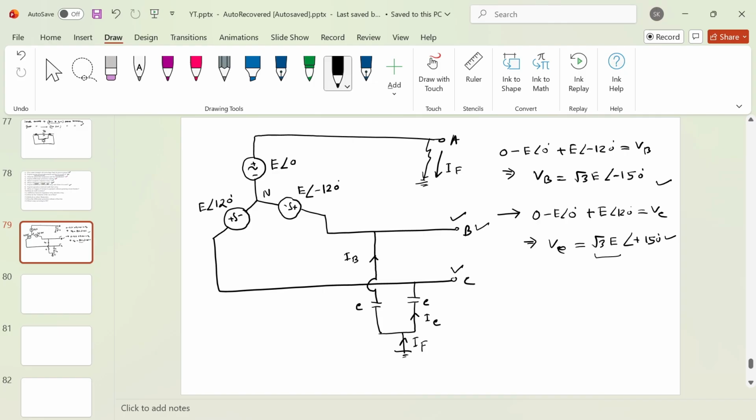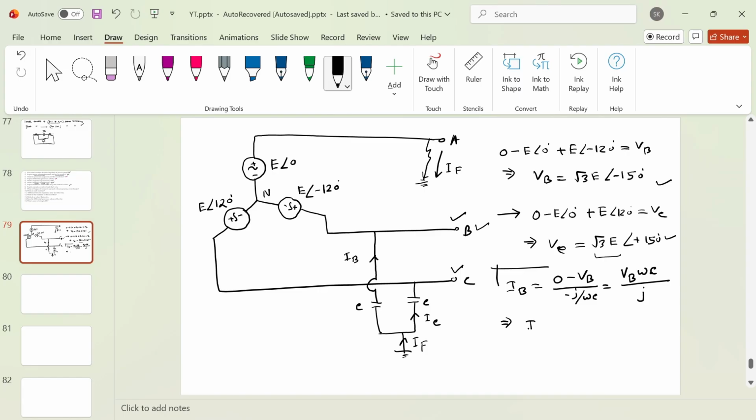If you calculate, the IB current is nothing but 0 minus VB by minus j by omega C. So you will get VB omega C by j.